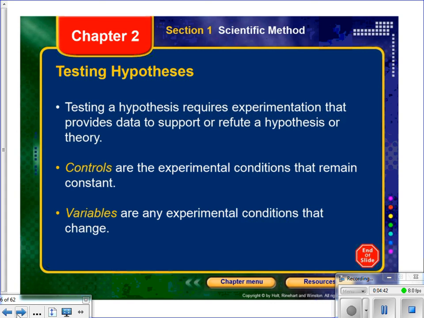So a set value is usually our control. If I want you to show me the steps and calculate the density of water, well, you already know what it is. It's 1 gram per milliliter. So that value is our control. Our variables are things that are going to change. So for the density lab, our grams, our mass is going to change, our milliliters or our volume is going to change.